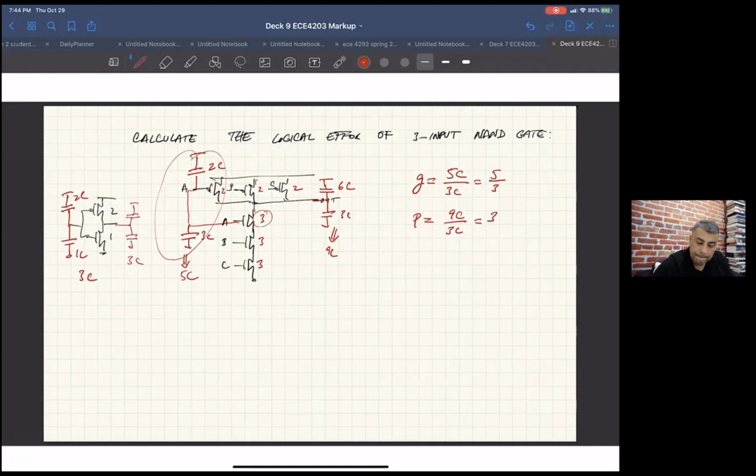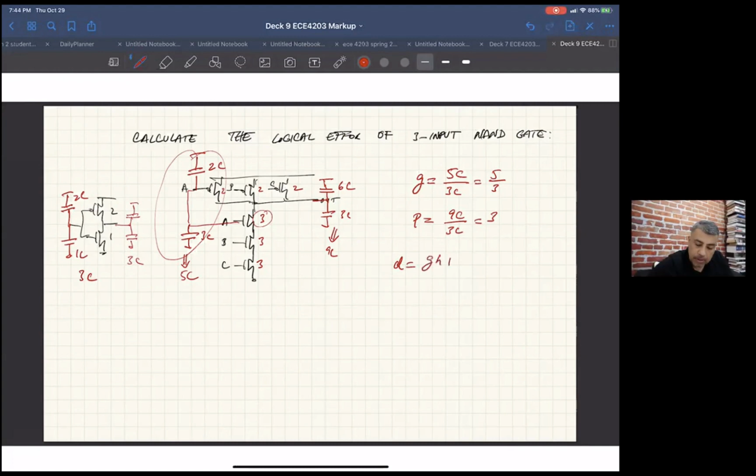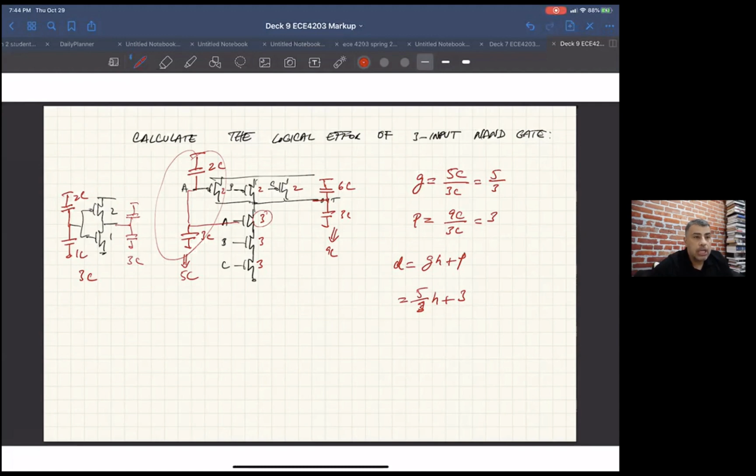Okay. And so what's the total delay? So this will just be the GH plus P, right? Yep, so it'd be 5/3 H plus 3. You got it. So is H always just going to be, we just leave it as H since we don't have the C out over C in? Yeah, exactly. As you get the C out over C in, you'll plug it in.